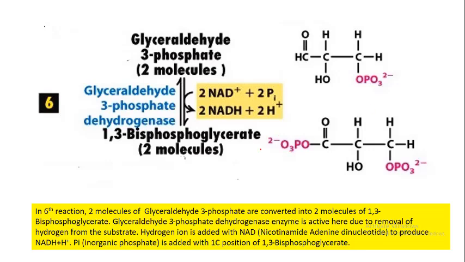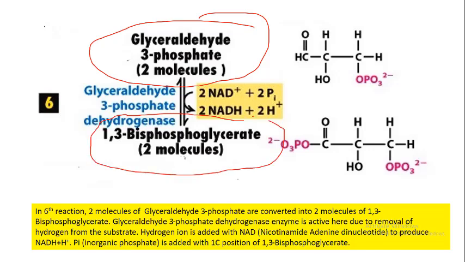In the sixth reaction, two molecules of glyceraldehyde 3-phosphate are converted into two molecules of 1,3-bisphosphoglycerate. Glyceraldehyde 3-phosphate dehydrogenase enzyme is active here due to removal of hydrogen from substrate glyceraldehyde 3-phosphate.